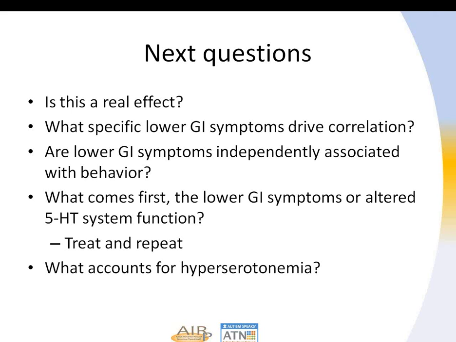And then to understand, I told you that in the overall Autism Speaks Autism Treatment Network population, there was a relationship between lower GI symptoms, specifically constipation with what we think probably reflects overflow incontinence, that was associated with particular behavioral symptoms. We haven't really looked at that yet in this population, but I think that's an area of significant interest.